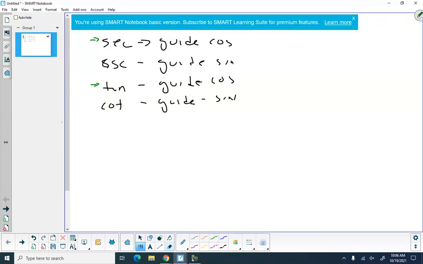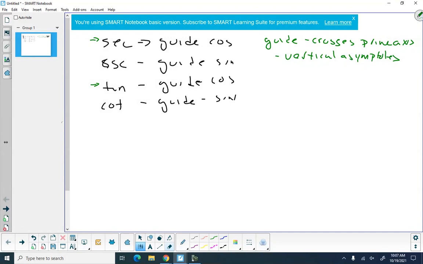When the guide function crosses the prime axis, you get vertical asymptotes.